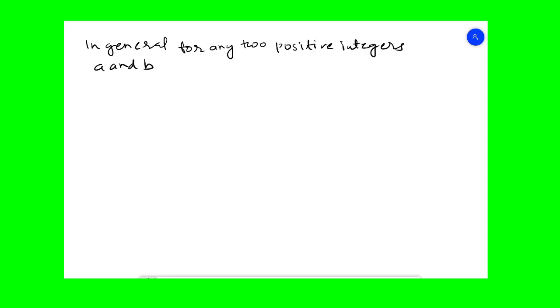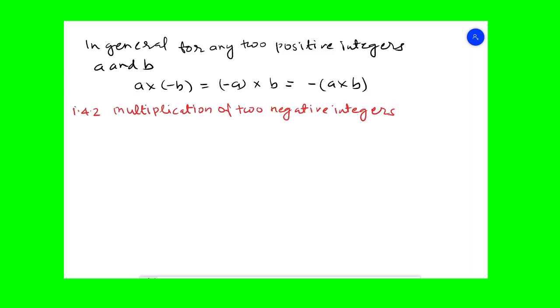So in general, for any two positive integers a and b, a multiplied by minus b is equal to minus a multiplied by b, equal to minus within brackets a multiplied by b.